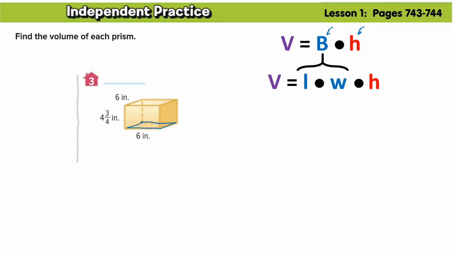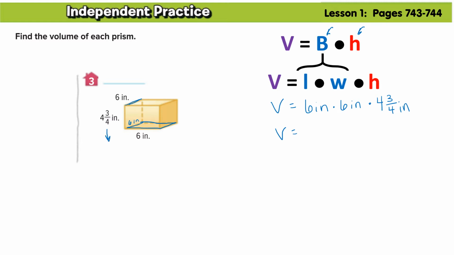So we have volume equals 6 inches times, now do you see how this is 6 inches here? So this is basically 6 inches here as well. 6 inches times 4 3/4 inches.